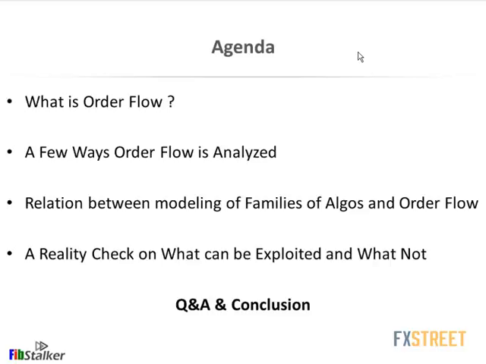And I will close the presentation with a quick reality check of what there is out there, some of the families and classes of algorithms, and which one of these families and algorithms can be exploited, and what we cannot exploit, due to the fact that some of these algorithms actually are too quick, too fast for us. And then we will have a Q&A session.